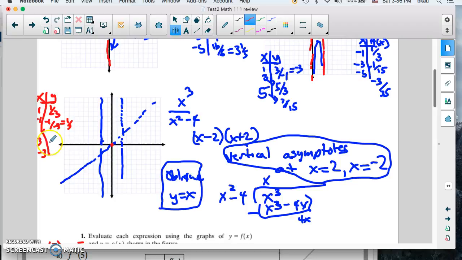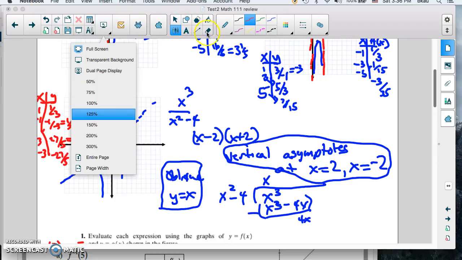And then 3 in there is going to be 3 times 3 is 9, 27 over 9 minus 4, which is 5. And the same thing is going to happen here, but it's going to be -27 over 5. So that's 5 and 2/5.